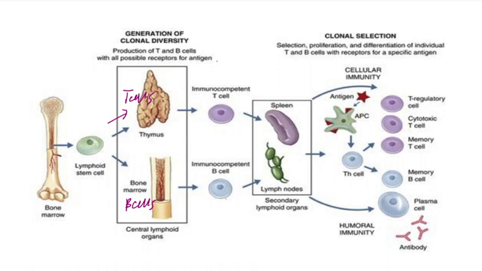So here we have naive T cells and naive B cells, meaning they can recognize antigen, but they have not been exposed to antigen. So then what happens is they kind of hang out in the spleen and the lymph nodes, and then they are waiting for antigen.